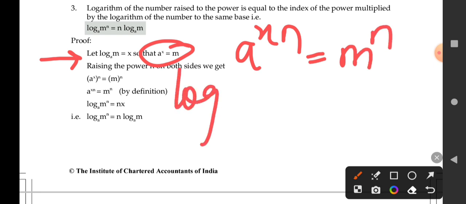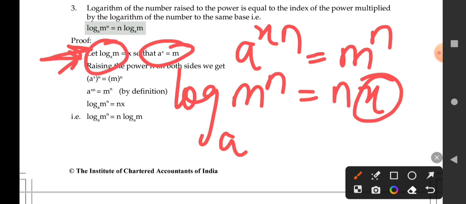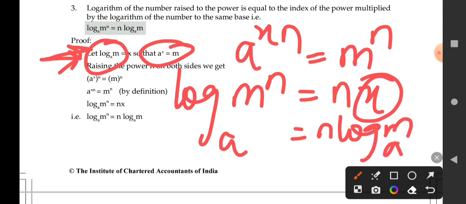We have log m power n to the base a is equals to nx, and x is this log m to the base a, which is equals to n into log m to the base a. So we can take this power out of the log. Okay, simple.